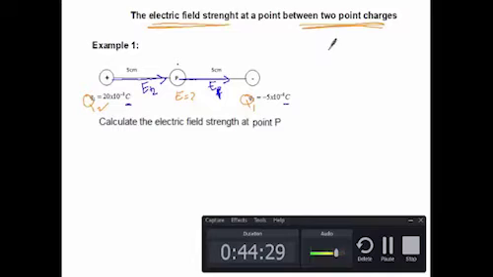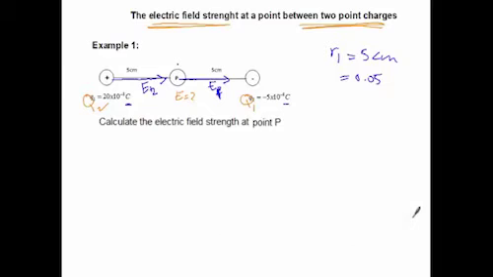And we have R1 and R2. Our R1 is 5 centimeters, so it will be 0.05 meter. We have our R2, again 5 centimeters, so it is 0.05 meter. So we will calculate our E1, due to the negative charge.